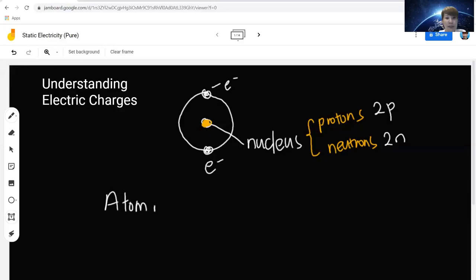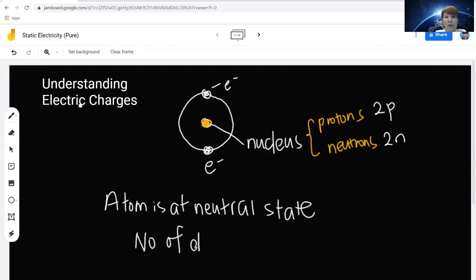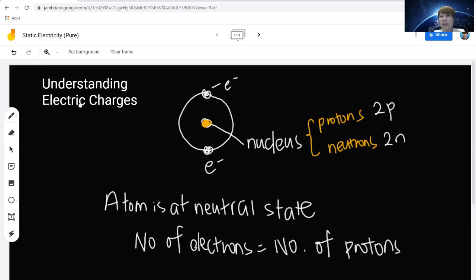An atom is at neutral state when the number of electrons and the number of protons are the same. So an atom is at neutral state when the number of electrons is equal to the number of protons, as in the case above. All right. So now what happens when we remove the electrons?